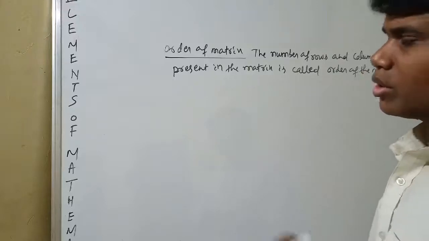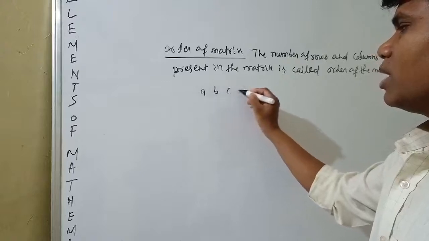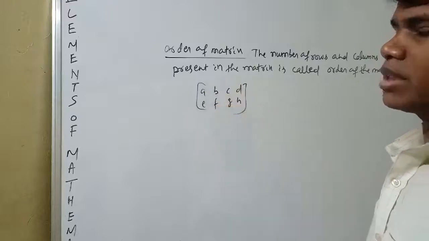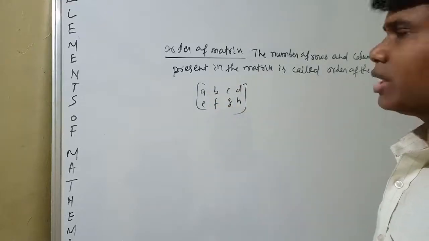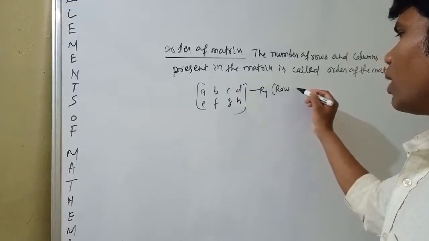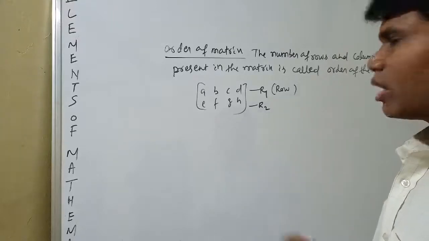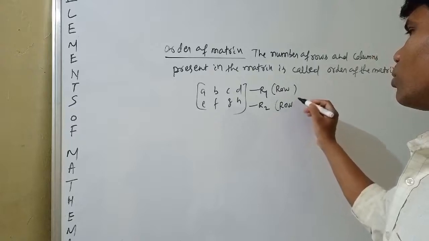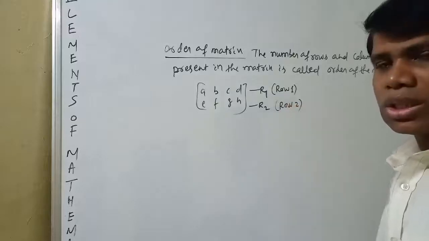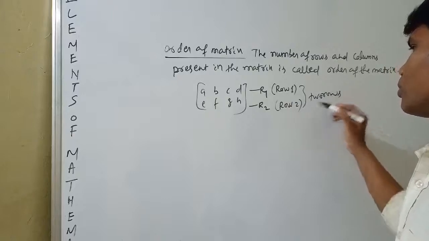Suppose I write A, B, C, D, E, F, G, H. How many rows are there? This is row 1 and this is row 2. There are 2 rows. How many columns?